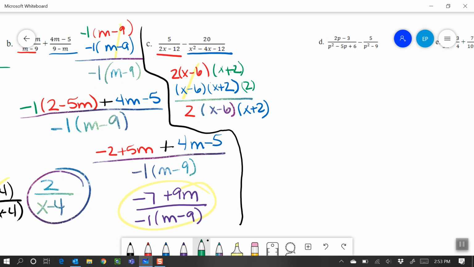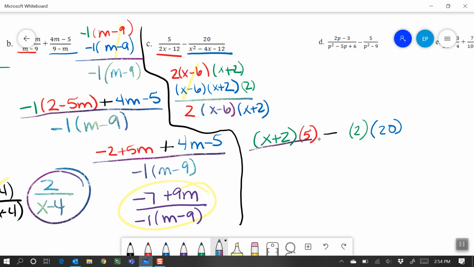So on the left fraction, red fraction, I'm going to multiply by x plus 2. So I'm going to write down x plus 2 times 5, minus, and then I have that blue-green 2 here, and it doesn't matter which side you multiply on, I'm just trying to do it as easy as I can, times 20.